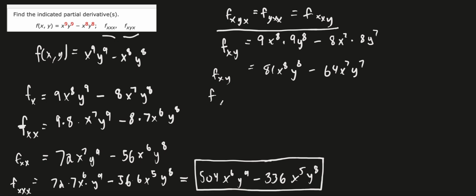Last one is f x y x, so this is with respect to x, so it's going to be 81 times 8x to the 7th times y to the 8th minus 64 times 7x to the 6th y to the 7th.